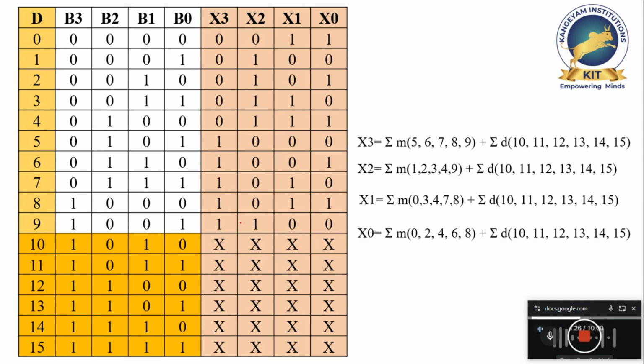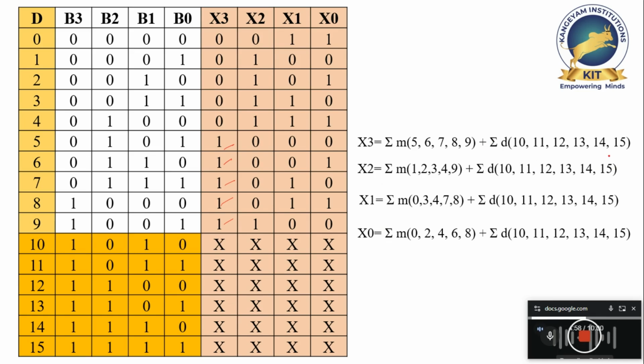I'm representing all the outputs, that means x3, x2, x1, x0, in min-term representation. So here you can see I have the min-term expression. For example, for x3, 5 6 7 8 9 are the min-term representation. Beyond that, all the things are represented as don't care conditions.